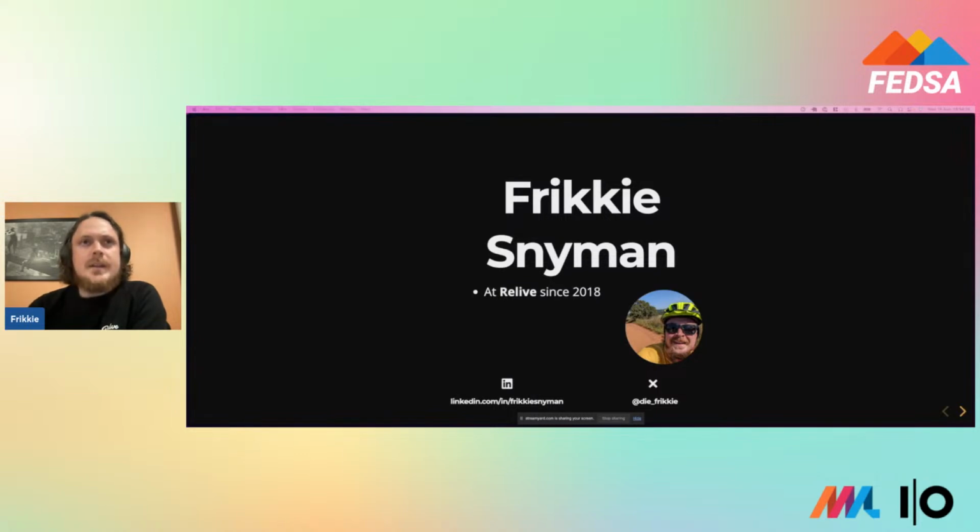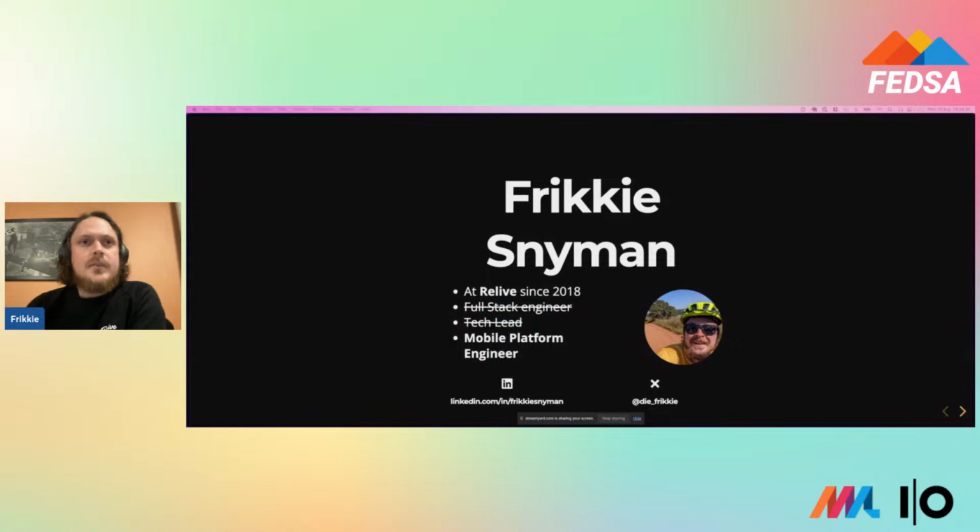I initially started as a full stack engineer, and then I progressed into the position of tech lead. And for the last year, I've been working as a mobile platform engineer. Having been with Relive for 4 years at the time, I've built up a lot of tech debt. And now, for the past year, I've been trying to pay off that tech debt and deliver a product that's the best in class.